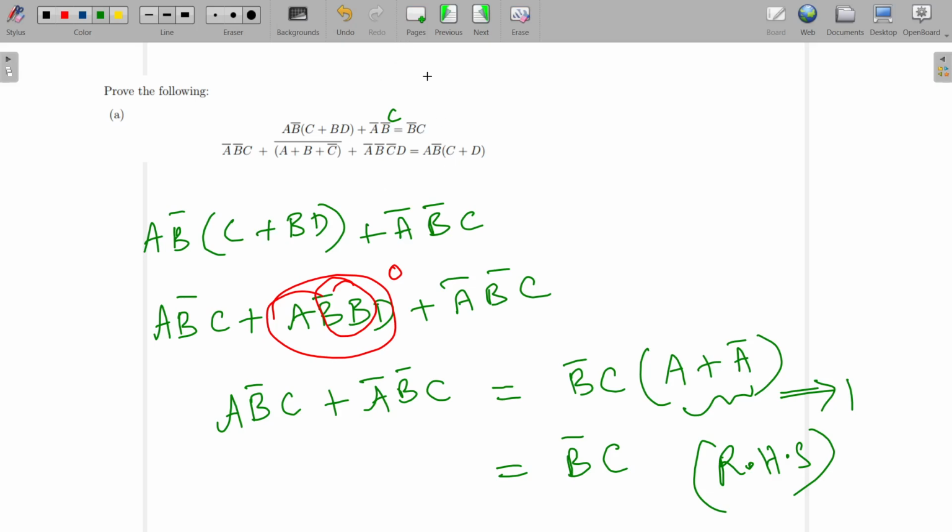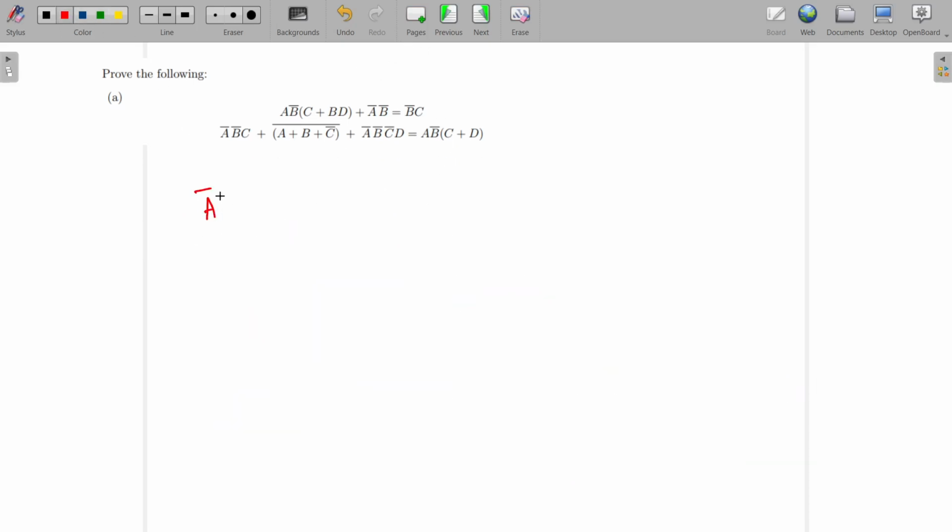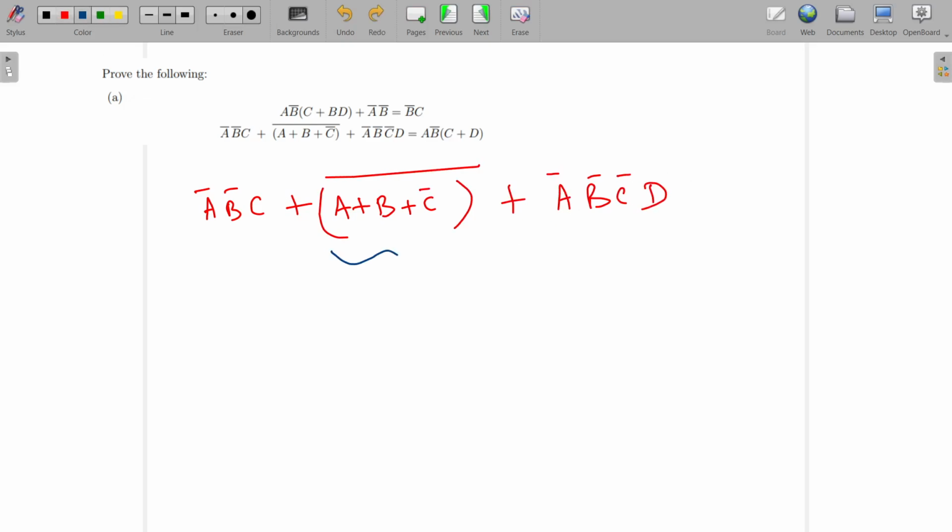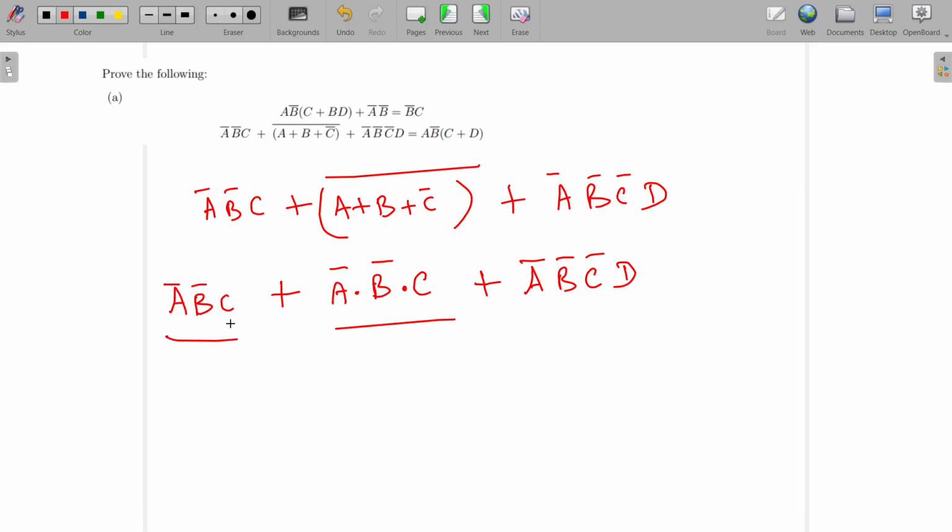Okay, now let's move on to the next one. The second problem is A bar B bar C on the left hand side plus A plus B plus C bar the whole bar plus A bar B bar C bar D. For the second term, taking the whole bar, A bar dot B bar dot C double bar becomes C. So we have A bar B bar C plus C plus A bar B bar C bar D. The first term and second term are both the same, and if you have x plus x, that can be written as x.